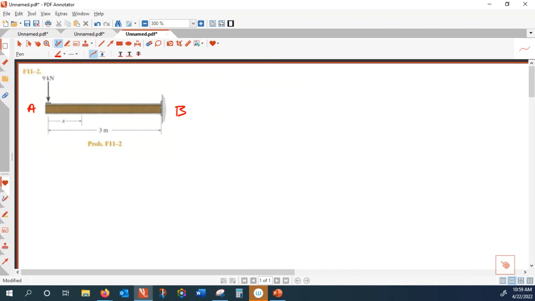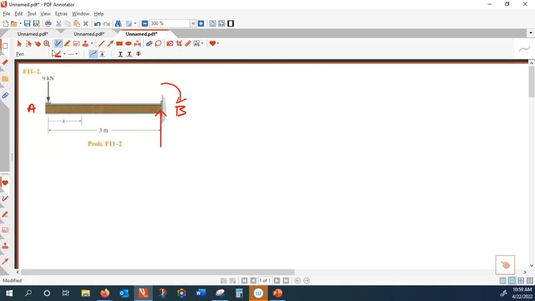So to find the reactions, I'm going to have a vertical reaction here, and this is making counterclockwise. So there will be a clockwise reaction bending here.